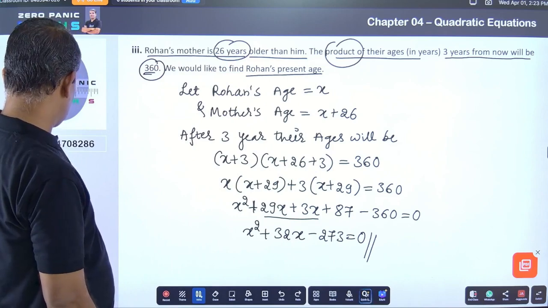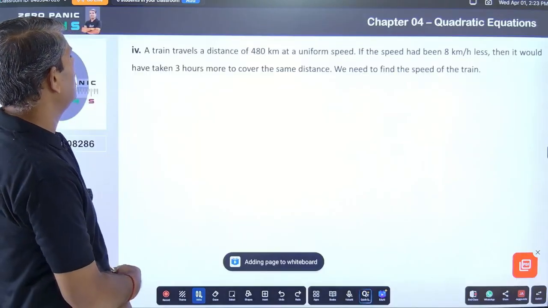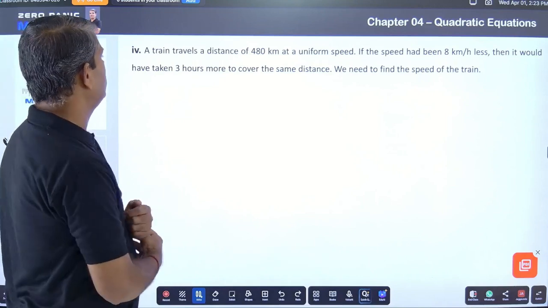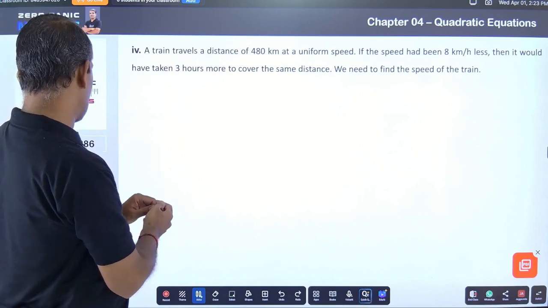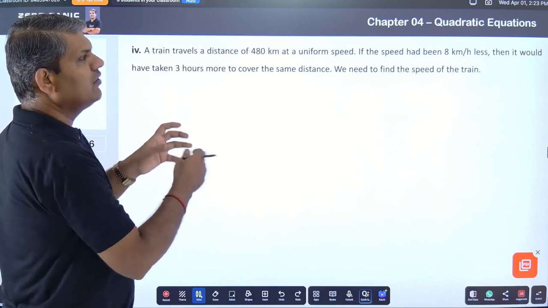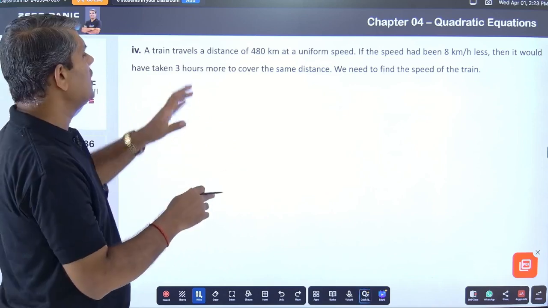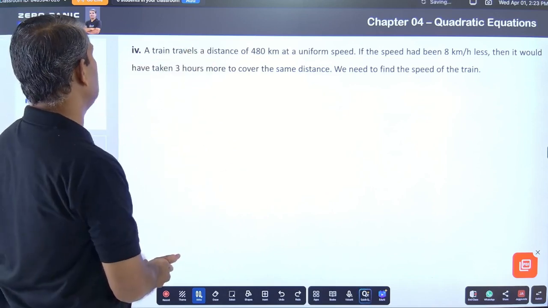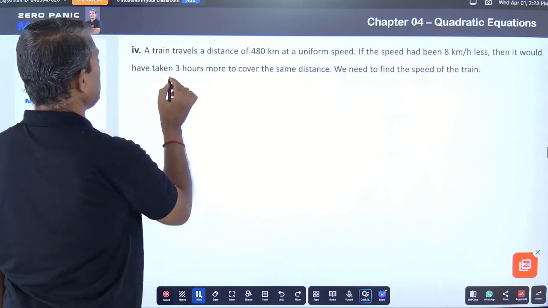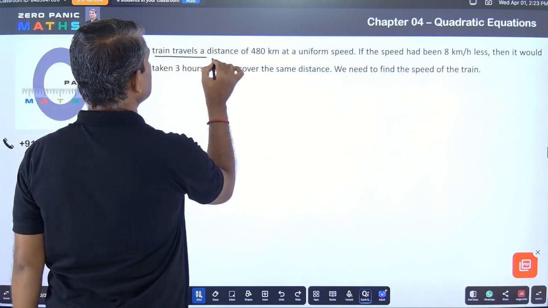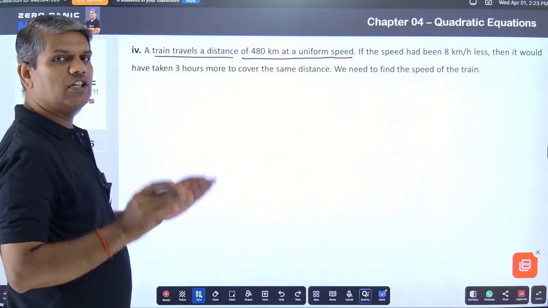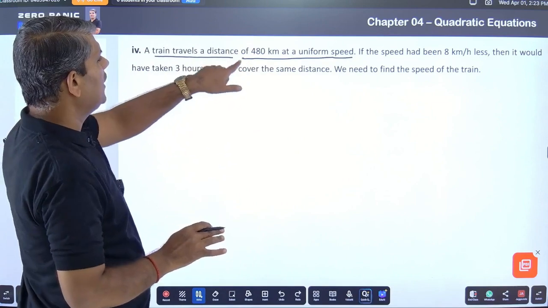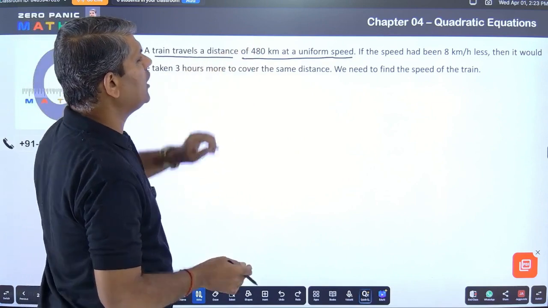Okay, let us see the last problem. You have to be very careful here, because we have to know something else apart from what is given. Listen carefully: a train travels a distance of 480 kilometers at uniform speed. Suppose the current speed is x, the speed with which it covers 480 kilometers.